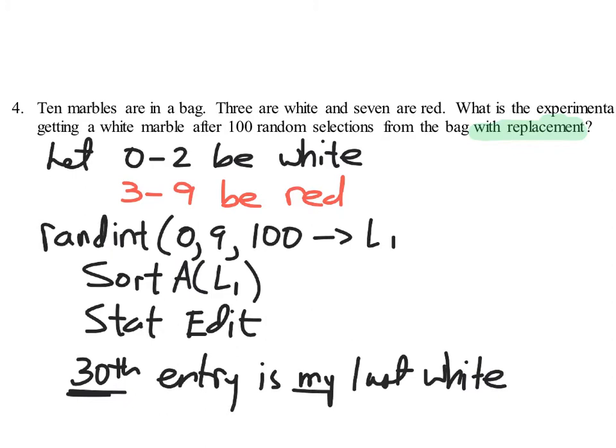Now, this worked out beautifully because it should have been 0.3, right? 3 out of 10. So I got an experimental probability of getting a white marble, or quality E, as being 30 over 100.